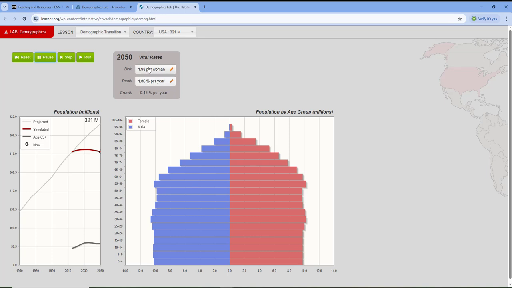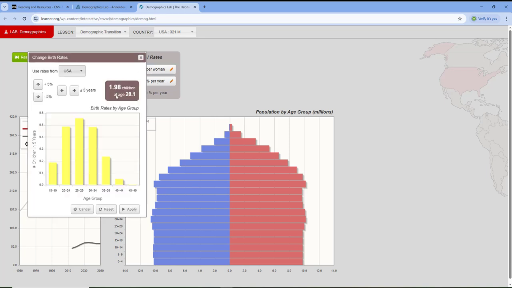We still have the birth rate at 2 children per woman, but look, the death rate has increased. We can also see that after a projected period of time, the population started to decline. So you can play around with this model.